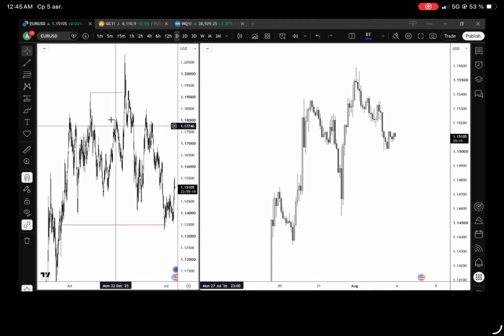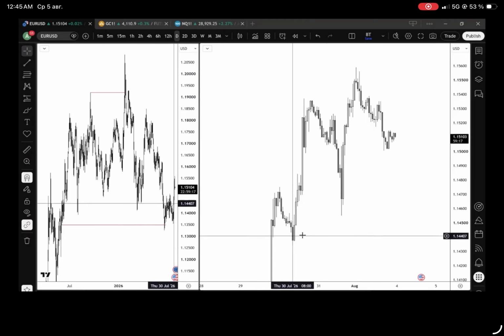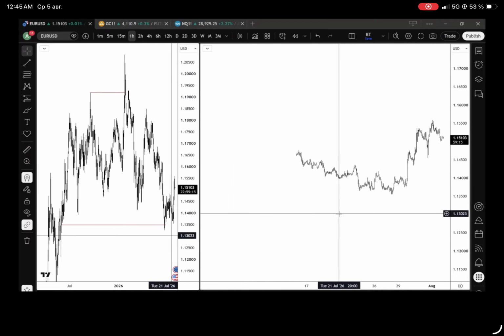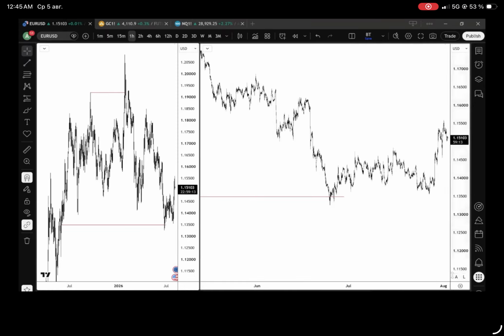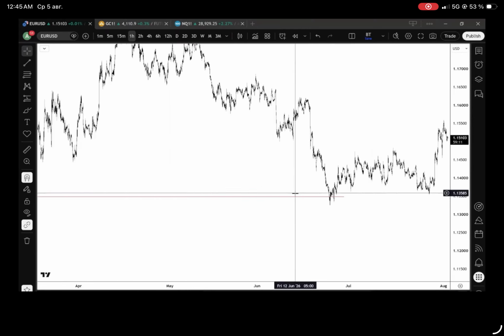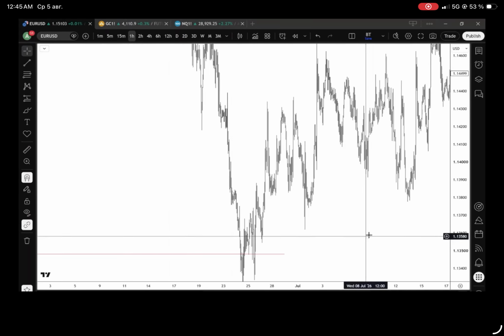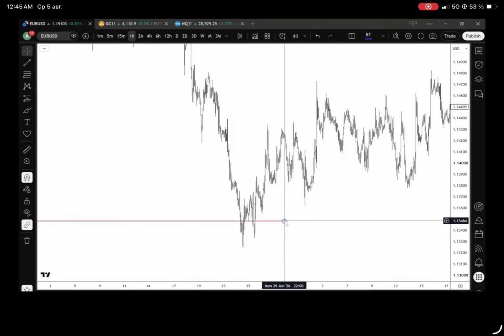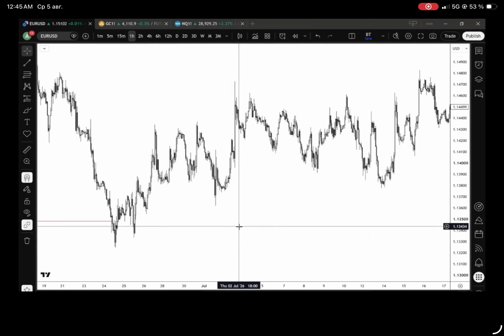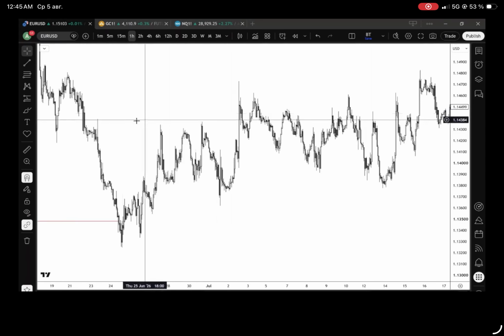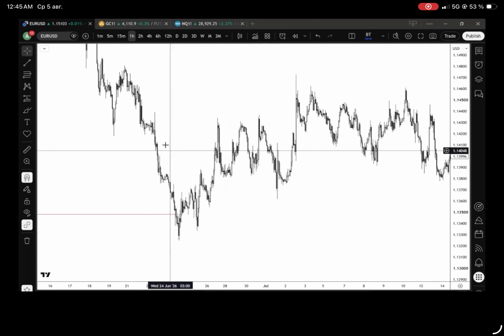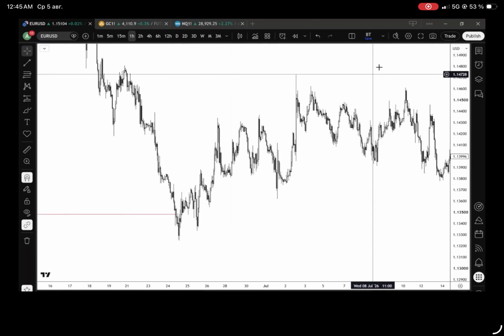Now, what has this move done? It's induced sellers. Now if we go on to the 1 hour, we can focus here. This move down has induced sellers.